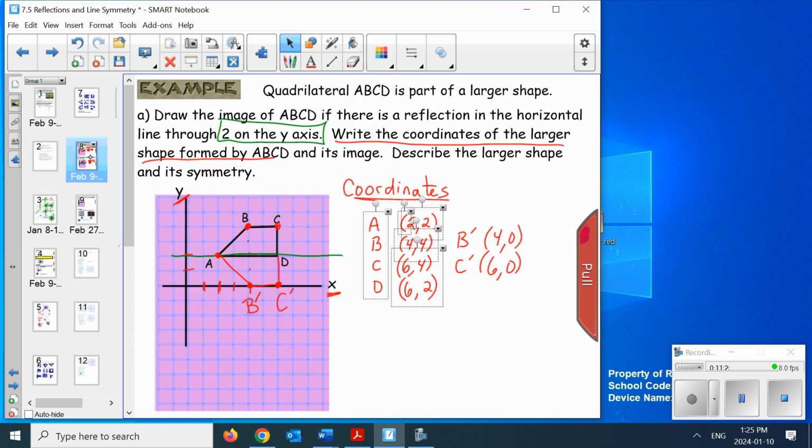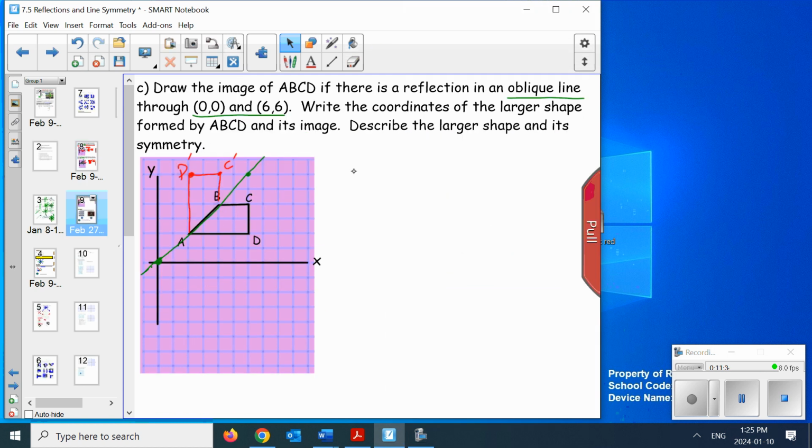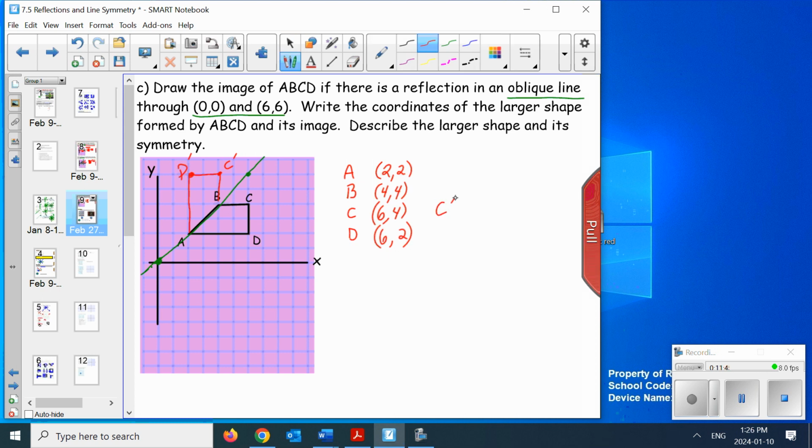I'll try it again. If not, I'll allow it to do rewrite. You guys know how to write them. And then I'll do my C and D prime. Their reflection.